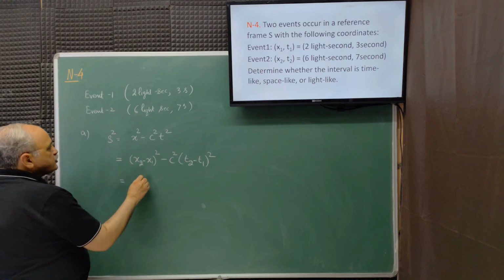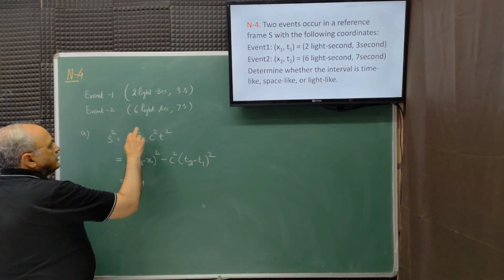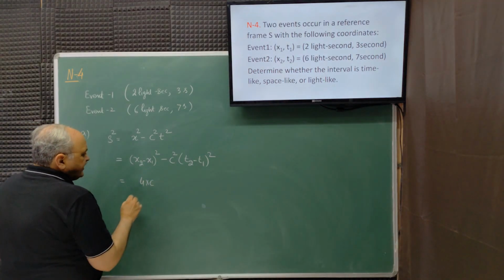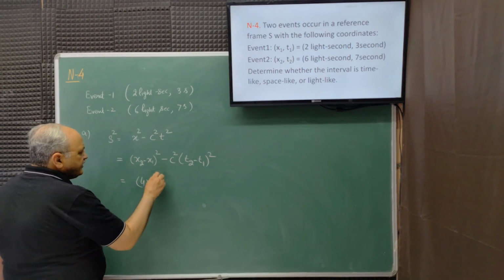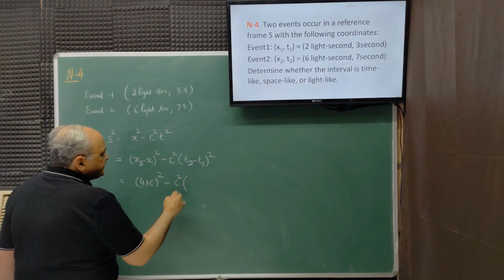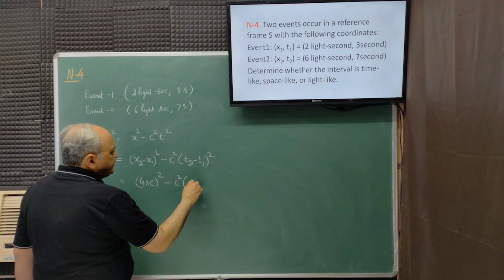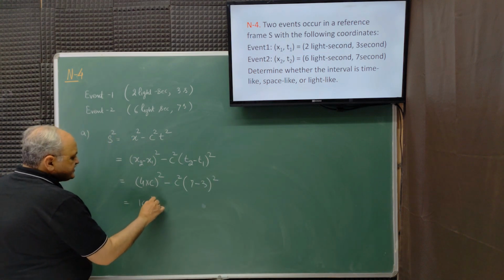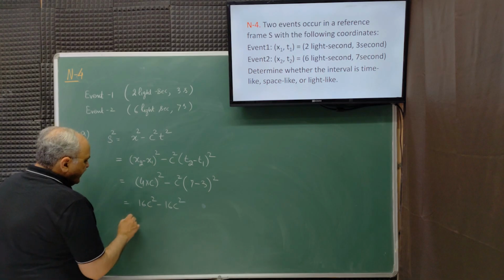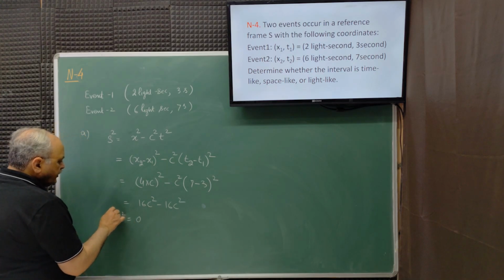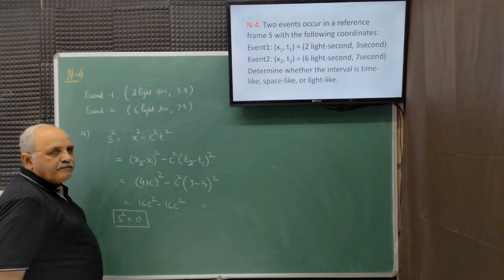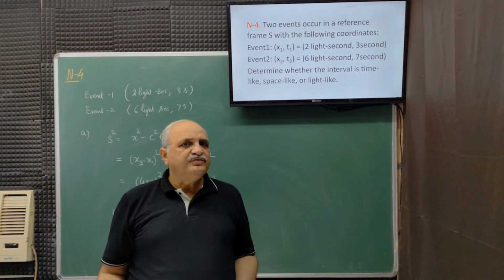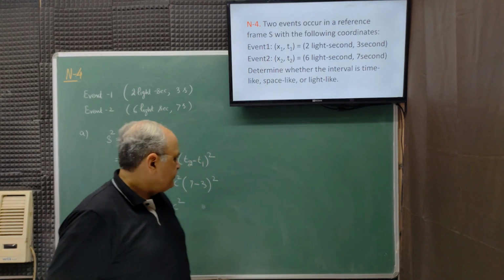So this is equal to (6 minus 2) light second, or you can simply write this as (4c) whole square minus c square (7 minus 3) whole square. So this is 16c square minus 16c square, and that comes out to be 0. So the space-time interval is 0.